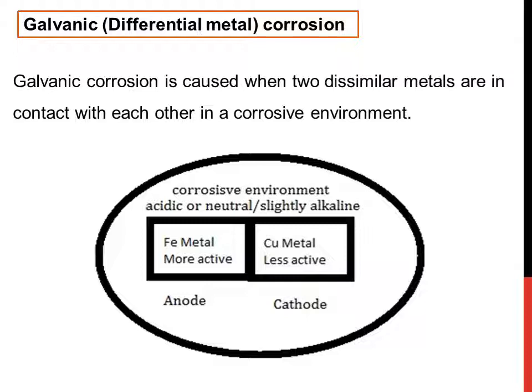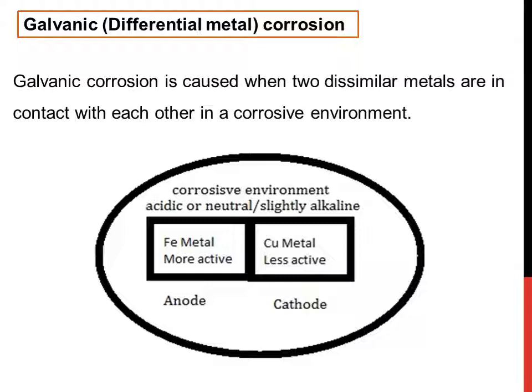First, coming to galvanic corrosion. What is galvanic corrosion? This type of corrosion is caused when two dissimilar metals are in contact with each other in a corrosive environment. It is also called differential metal corrosion, bimetallic corrosion, or dissimilar metal corrosion.